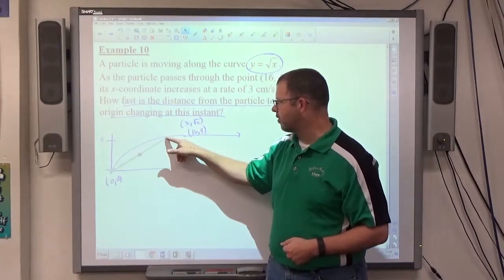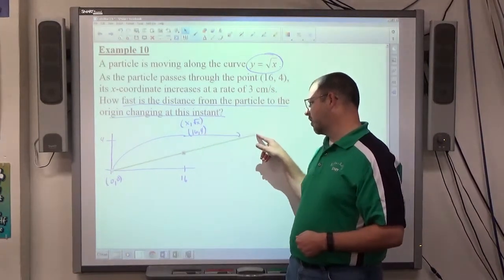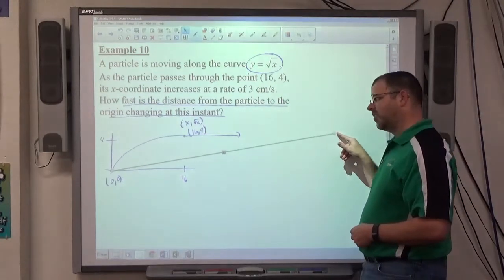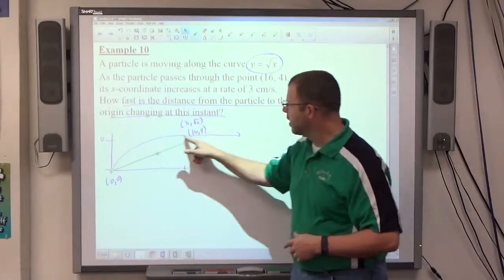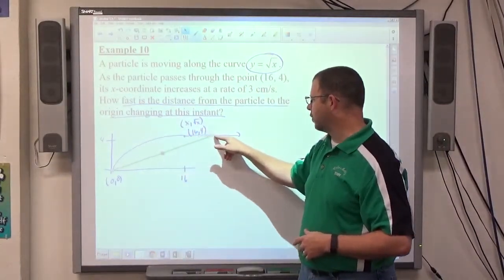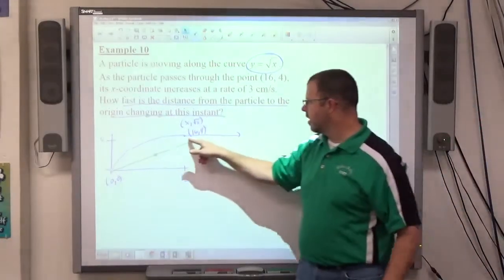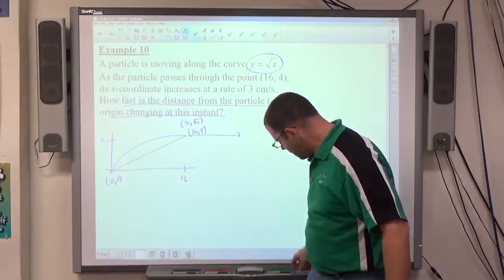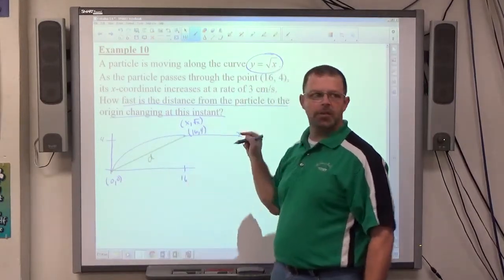Now the particle's moving in this direction, and you can see that the distance is changing. But hopefully you can tell as I keep going this way that the distance doesn't seem to be changing by as much. So as it continues along the curve, it might be slowing down. But x is changing at the same speed the whole time. But how long that piece is, we'll see. All right, so this is a changing amount. Where the particle is is a changing amount.